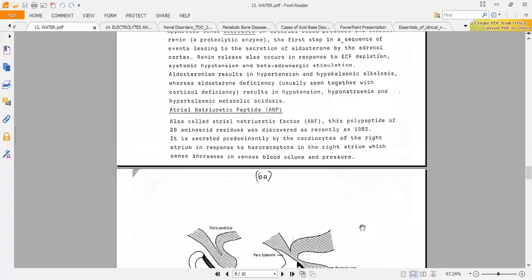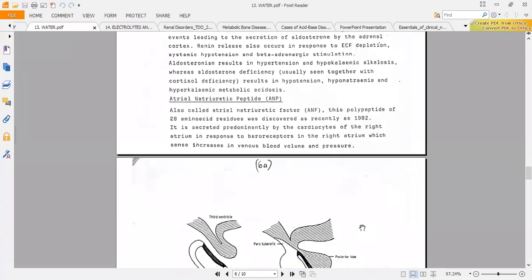Another important chemical that affects water regulation is the atrial natriuretic peptide, the ANP. Now, as the name suggests, it is produced by the walls of mainly the right atrium, or the walls of the atrium. When the walls of the atrium expand, this hormone is produced. And the walls of the atrium will only enlarge if you have a lot of water in your system.